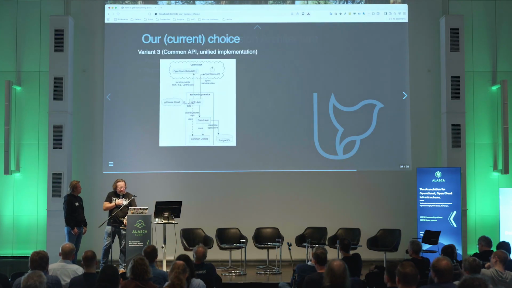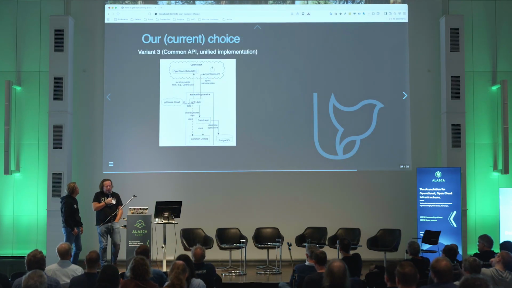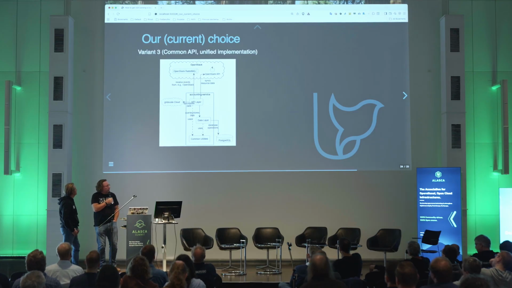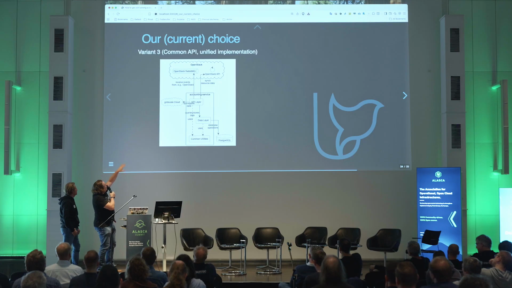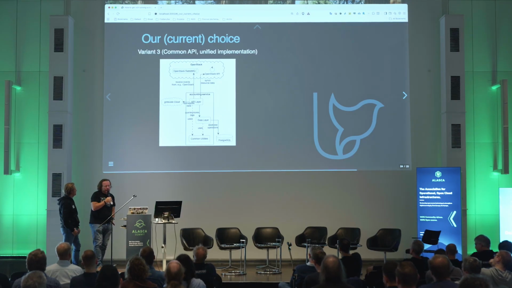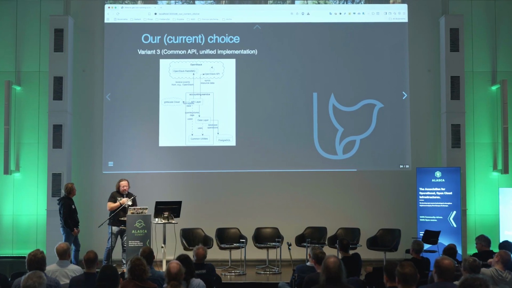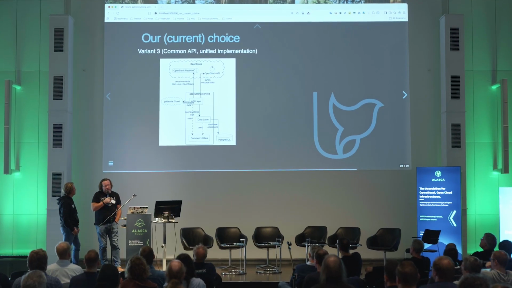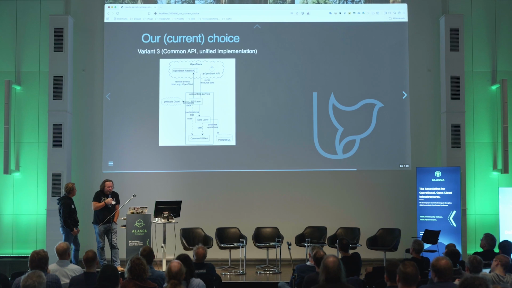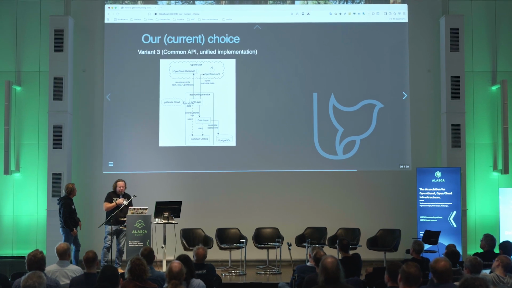So we ended up with something like this. We just have a service, the accounting service. It communicates with OpenStack in two ways. On the one hand, it's based on messaging, so it receives data via RabbitMQ, but I think it could also be Kafka or something else.